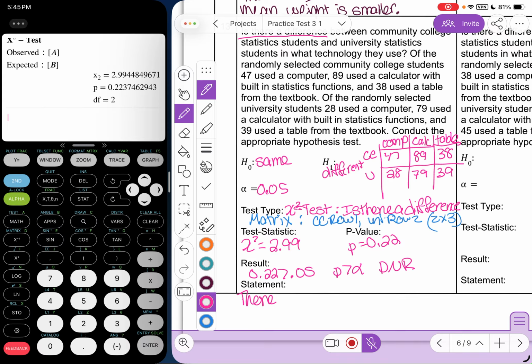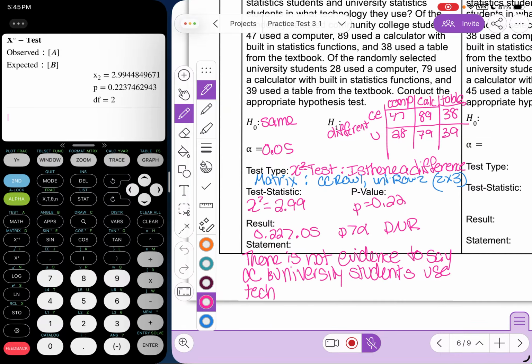So there's not enough evidence to say community college and university students use technology differently. All right.